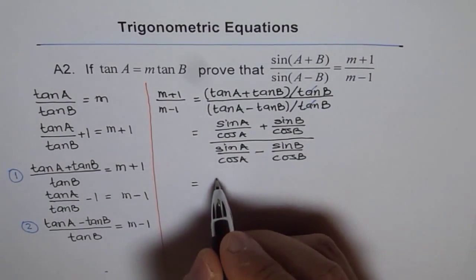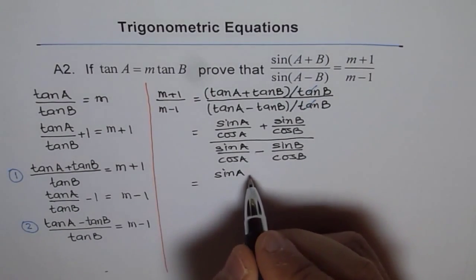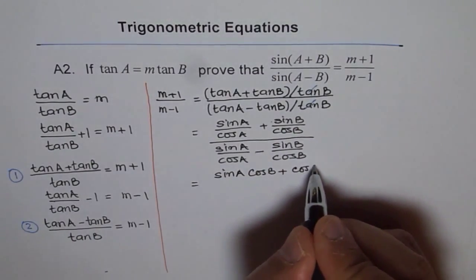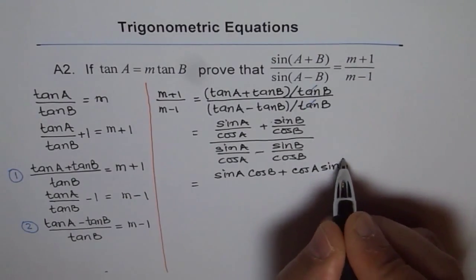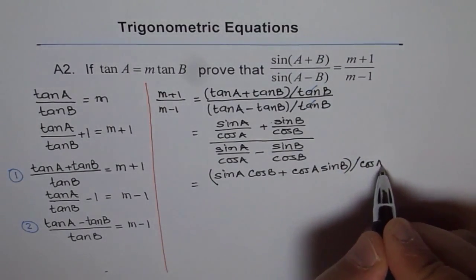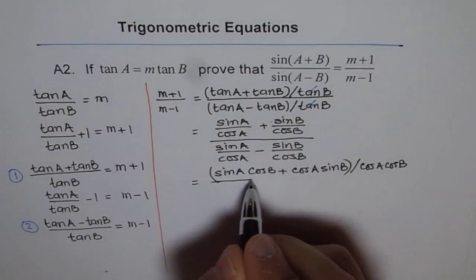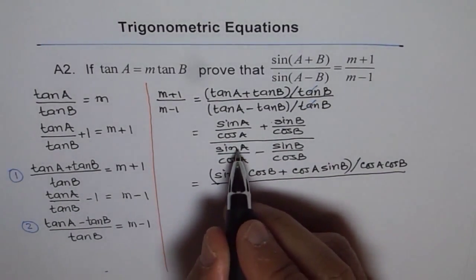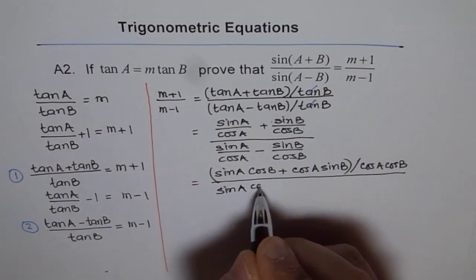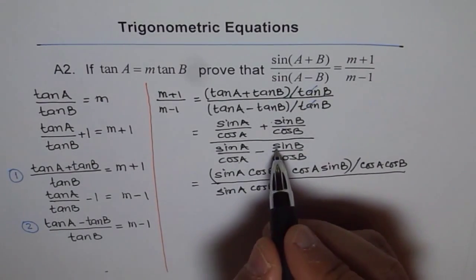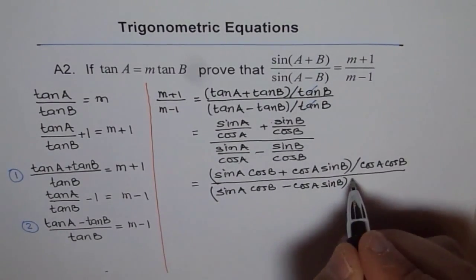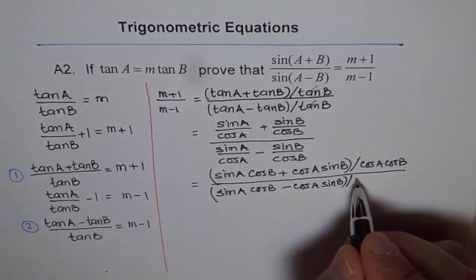We have sin A cos B plus cos A sin B, divided by cos A cos B, over sin A cos B minus cos A sin B, divided by the common denominator cos A cos B.